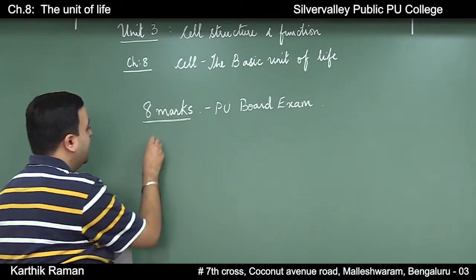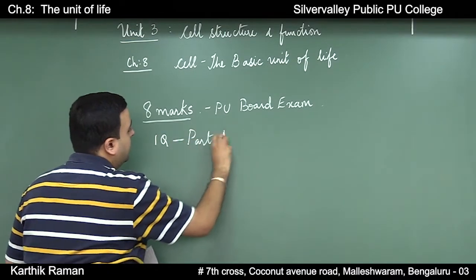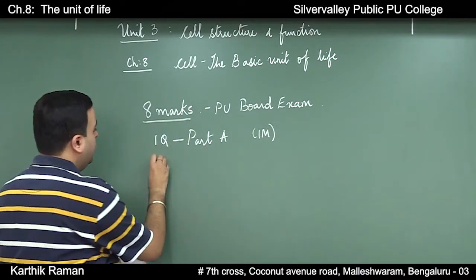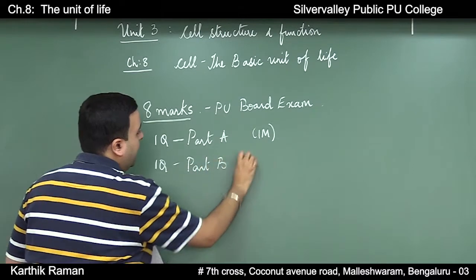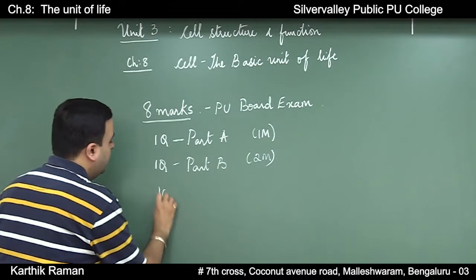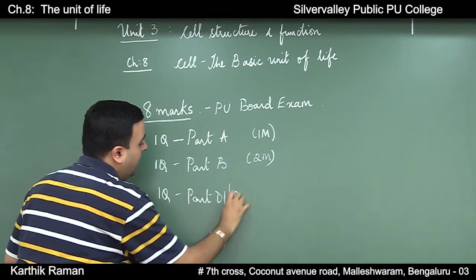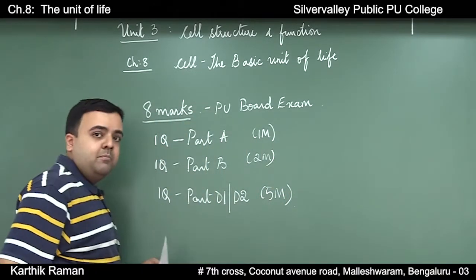So in this you can expect one question for part A, that is going to be a 1 marker. Then you can expect one question for part B, which is going to be for 2 marks, and last you can expect one question for part D1 or D2, which is going to be for 5 marks.